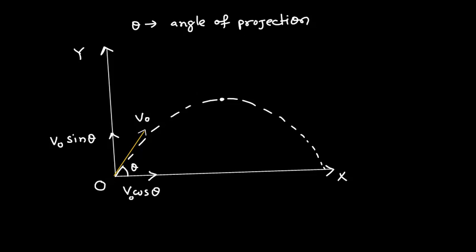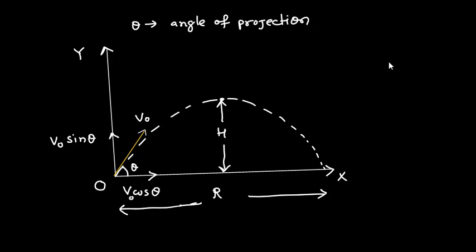Well, the horizontal range achieved by the projectile is given by r, and this is this horizontal distance. The maximum height achieved by the projectile is given by this h.